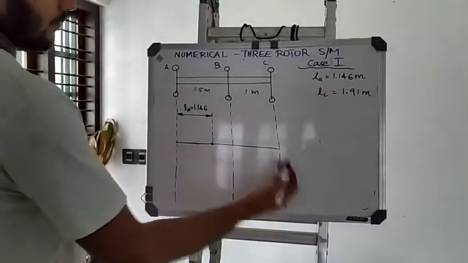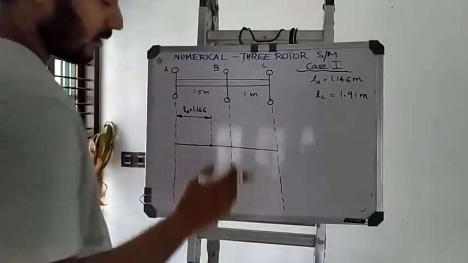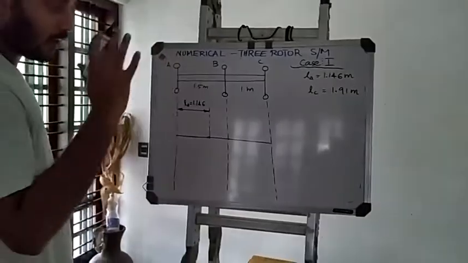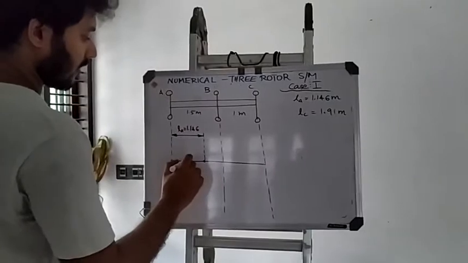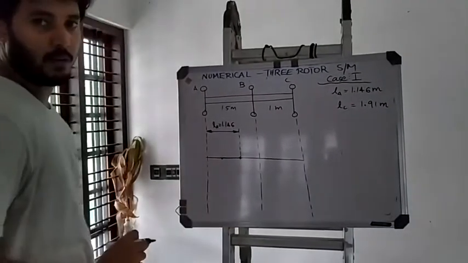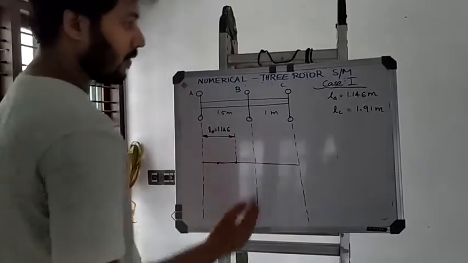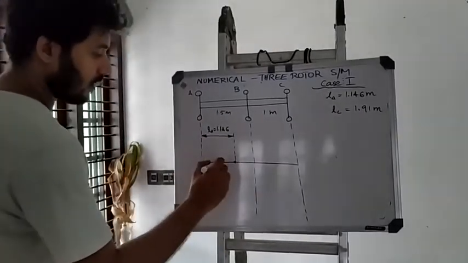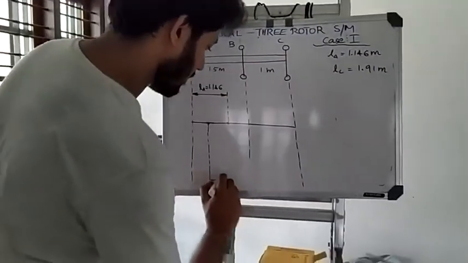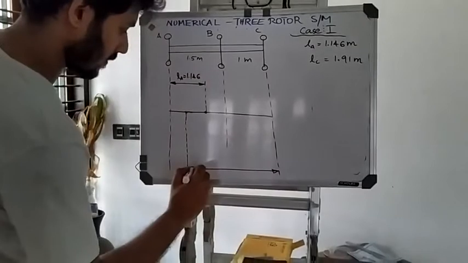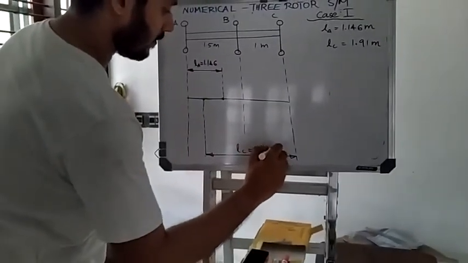That means from here if you take, you don't have to measure and draw the figure, you simply have to represent it according to the values that you are obtaining. 1.91 will somewhat come here. The total length will be 2.5. So let this be 1.91. So up to this value, let us mark this distance as LC, which is equal to 1.91 meters.